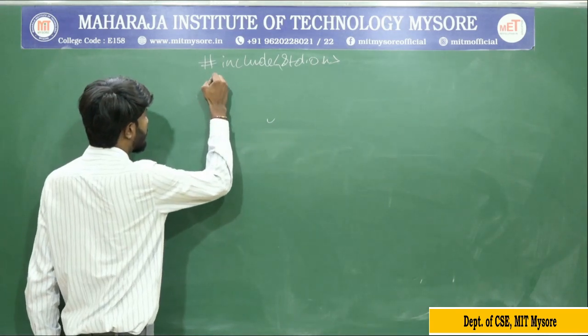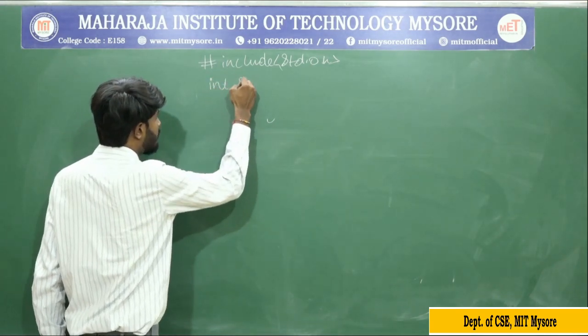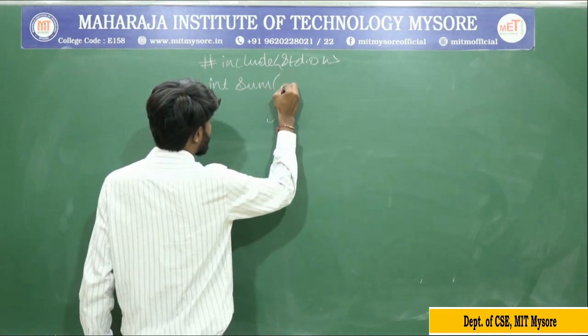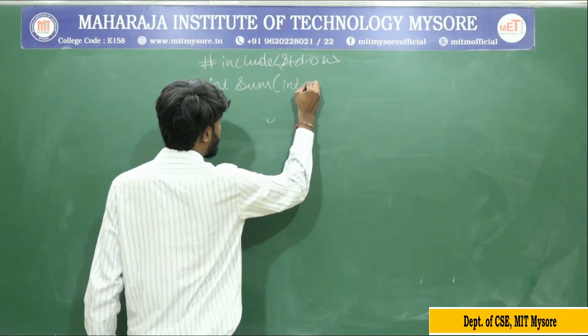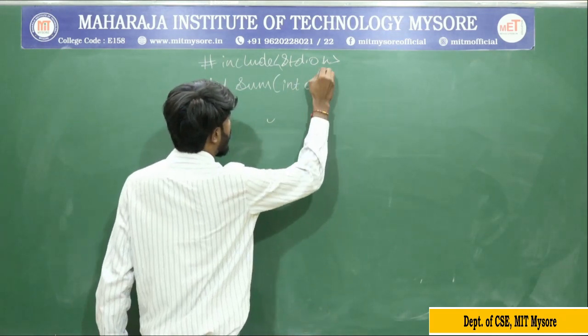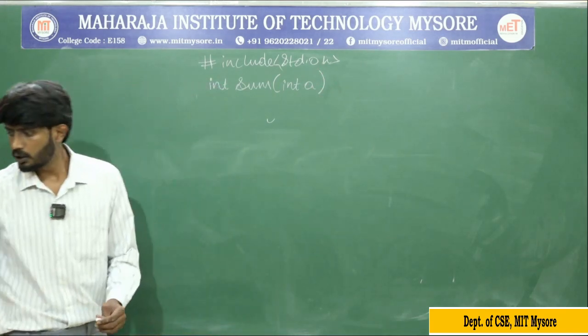So int sum, int a. There are two parameters, okay, I have only one parameter.